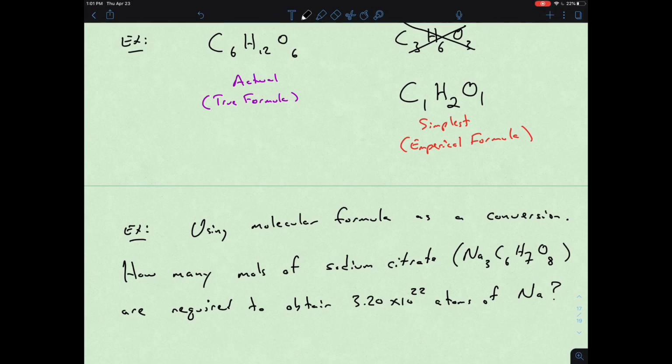So this is a conversion process that we have here.